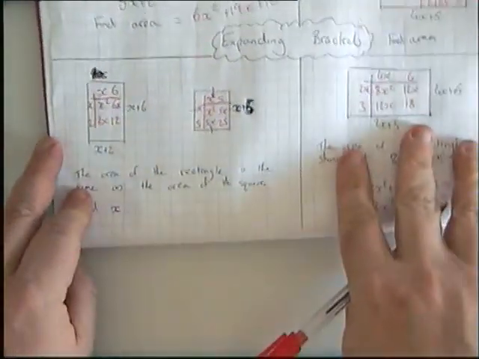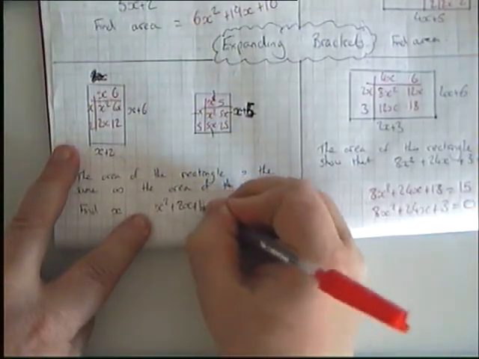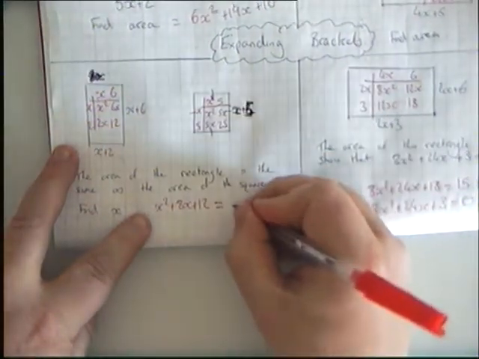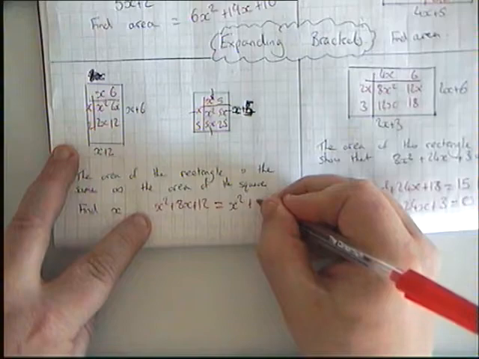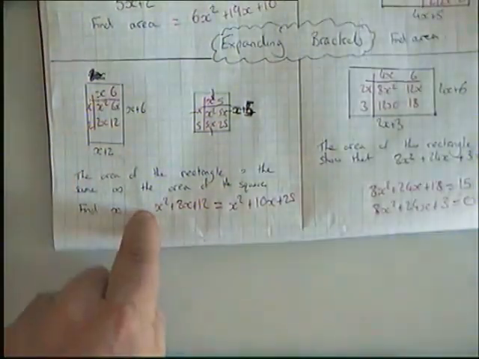So it tells me that the areas are the same. So when I simplify this one, I get x squared, add 8x, add 12. That equals this one simplified: x squared, add 10x, add 25.